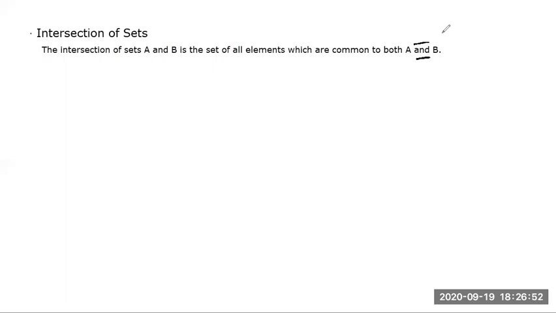So one house has so many things, other house has so many things, but I'm talking about only those things which are available in this house, as well as other house. So that means and is decreasing the number of elements. So guys, intersection of sets is represented as A intersection B.